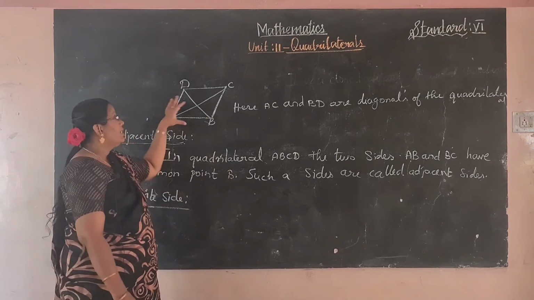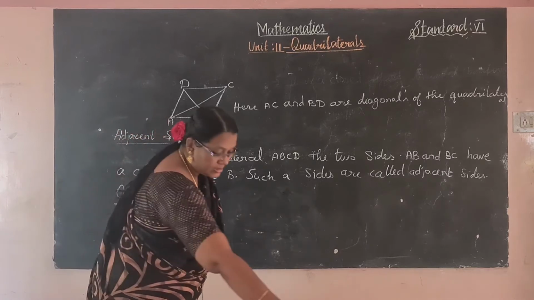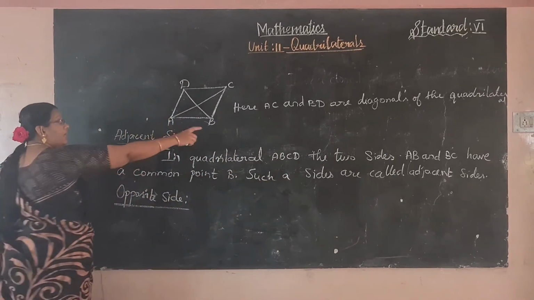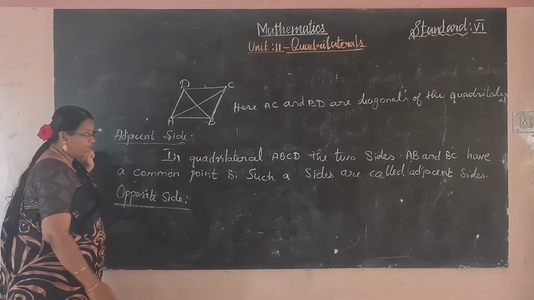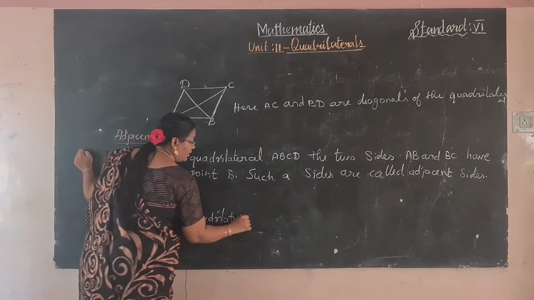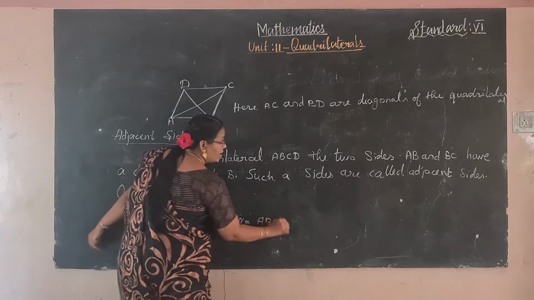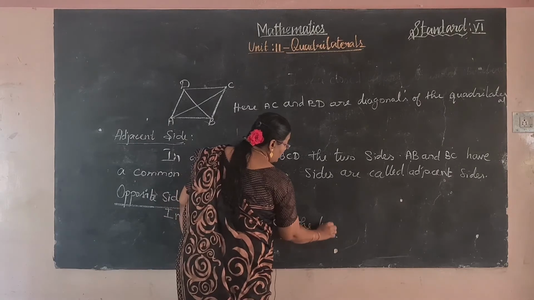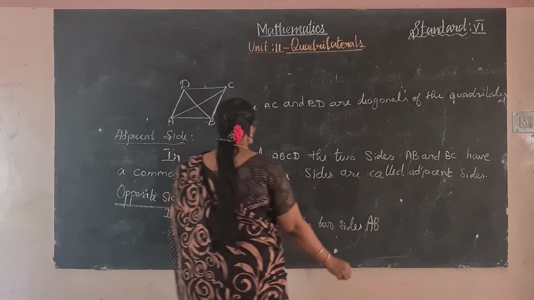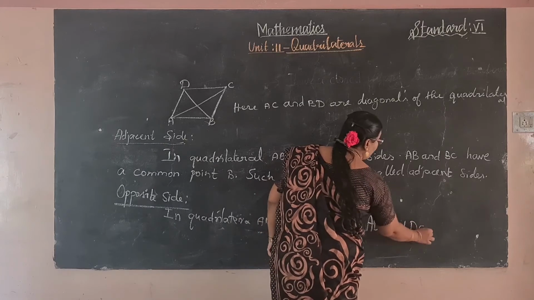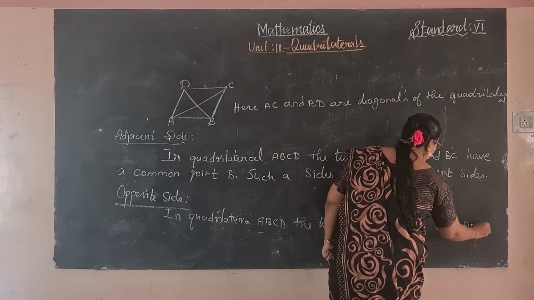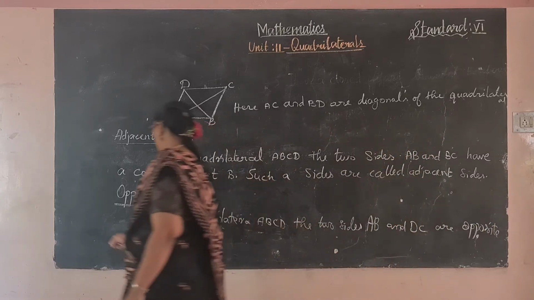In a quadrilateral ABCD, the sides AB and DC are opposite to each other.